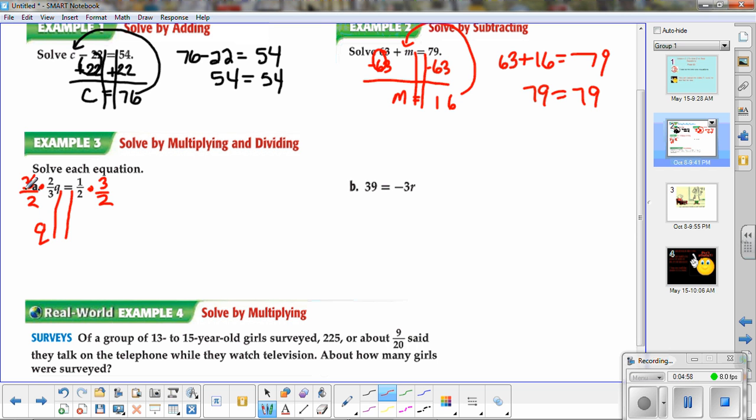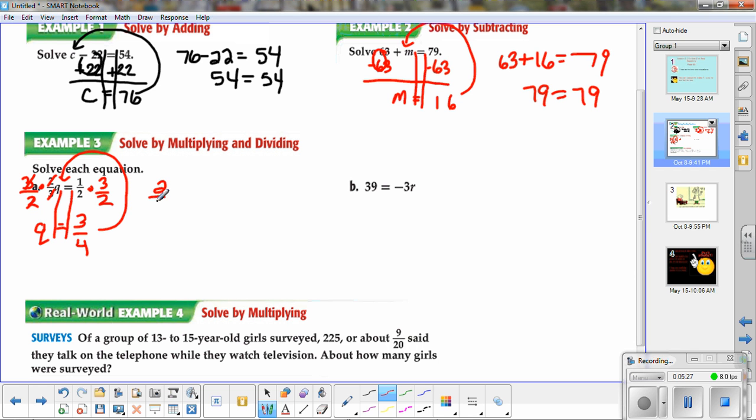Or you could think of it this way, the 3's will cancel and become 1's, the 2's will cancel and become 1's, and 1 times 1 is just 1, and 1 times q is q. On the other side, 1/2 times 3/2, 1 times 3 is 3, 2 times 2 is 4, so q is equal to 3/4. Now to check your work, you would go and plug that back into the problem.